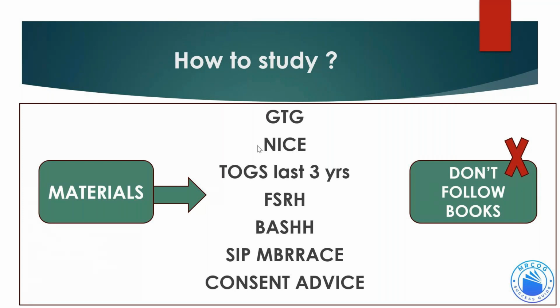Most of the books are old. You will find that they were released in 2017, 2018, 2020, but not more recent than that. And believe me, around 70% of the questions in the exam will be from the recent guidelines of the last 3 years.